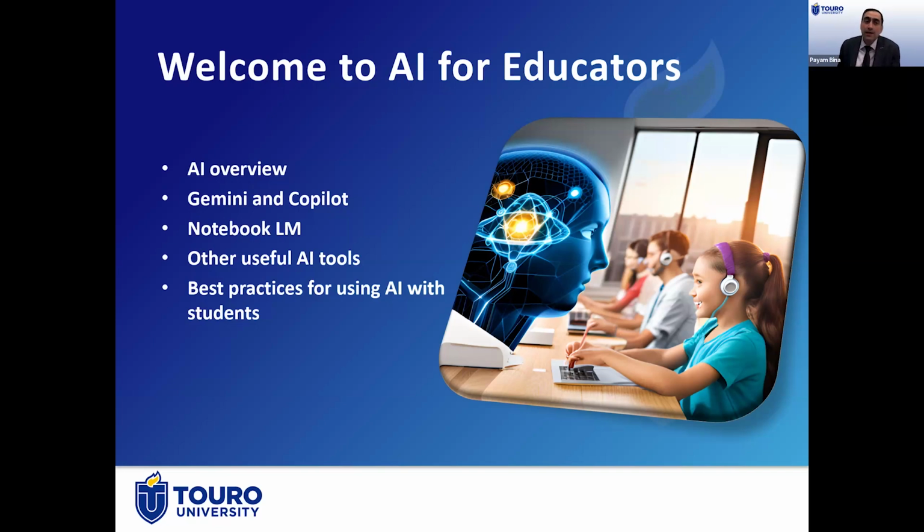The only reason I'm using Gemini and Copilot is that for Touro, these two AIs are set up so that we could use them for our coursework, and Touro has a license so that anything we provide to Gemini or Copilot using our Touro credentials will not go out of the institution.